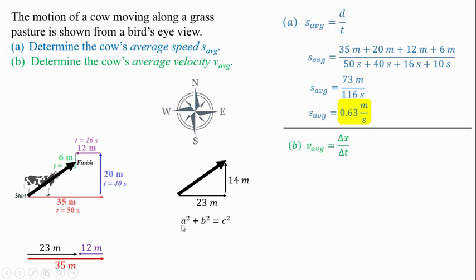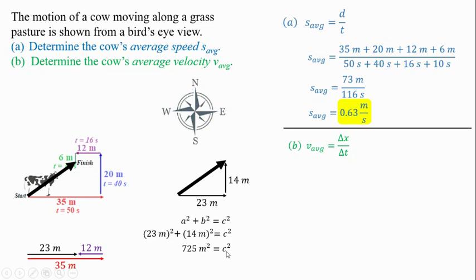So here, a squared plus b squared equals c squared. And we know both the legs. The legs are 23 and 14. So we just plug values in. So 23 meters squared plus 14 meters squared equals c squared. And if we simplify the left side with our calculator, you should get a sum of 725 meters squared. It's meters squared because this is squared and this is squared, but that's okay.